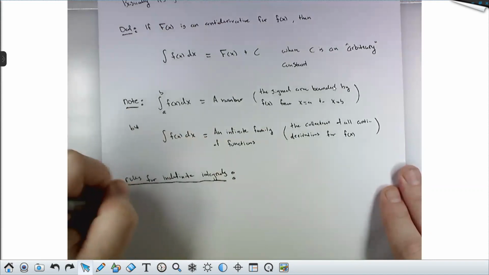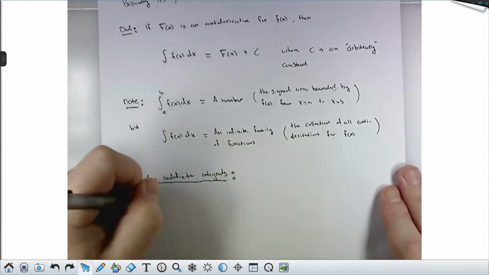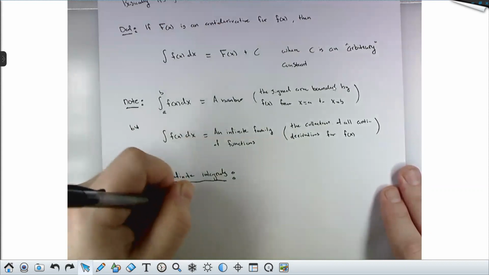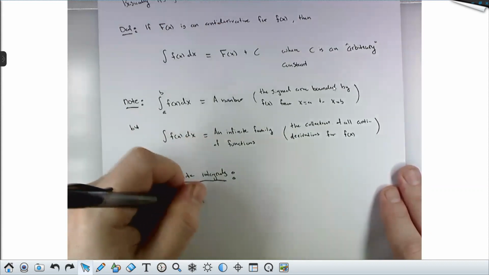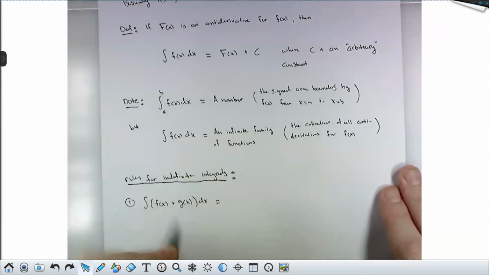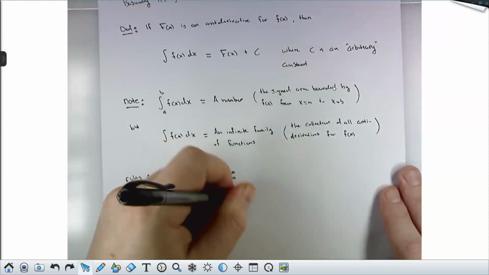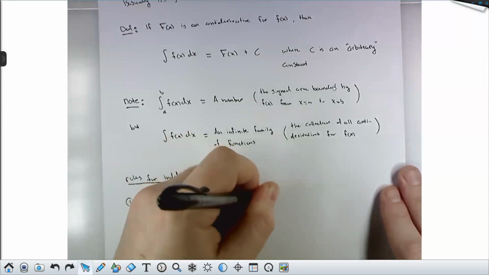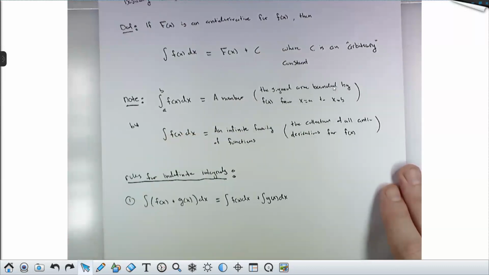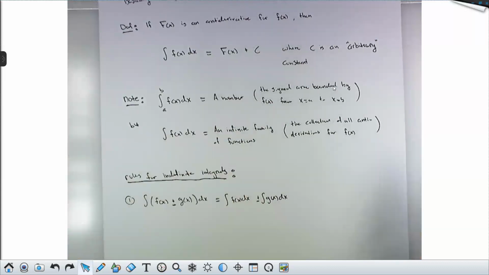First, the indefinite integral, just like the definite integral, satisfies the linearity conditions. That if you have a sum of two functions inside an indefinite integral, you can split that up as integral f of x dx plus integral g of x dx. It's easy to get in the habit of not writing the dx, but please don't do that. The dx's are important. I'll explain why in section 5.5.